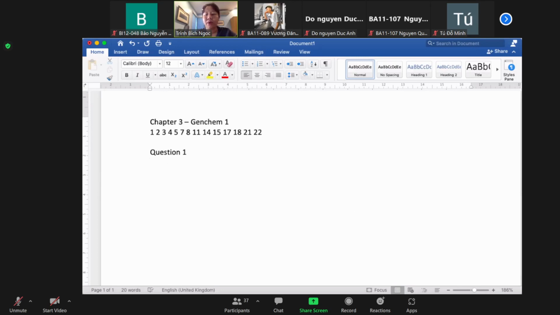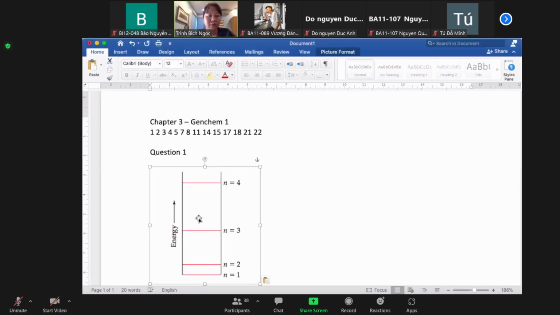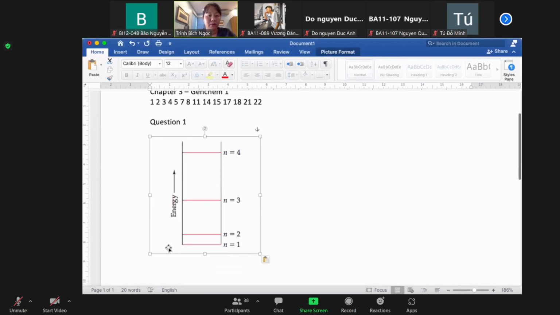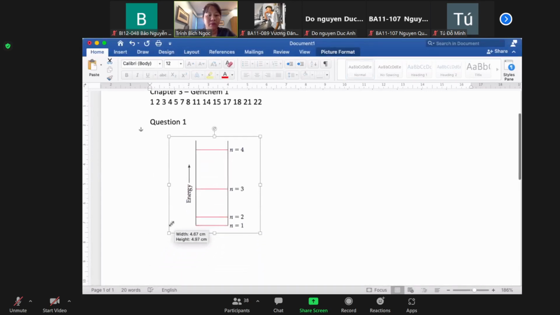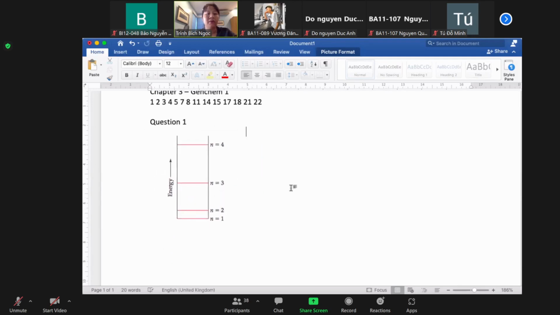In this question 1, what they talk to us. They give you a diagram of a certain quantum mechanical system with 4 energy levels, okay, like in this diagram.